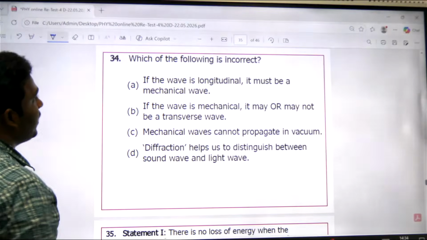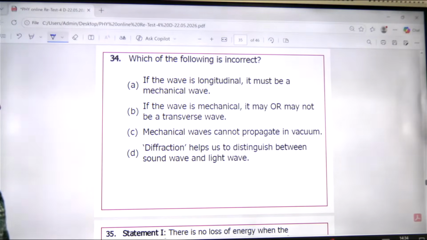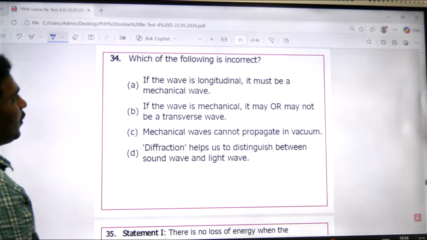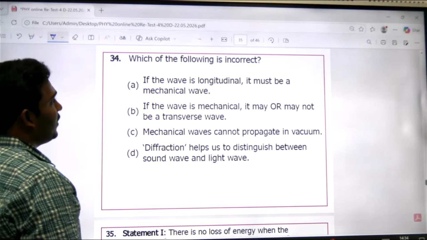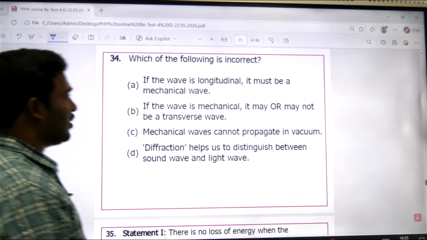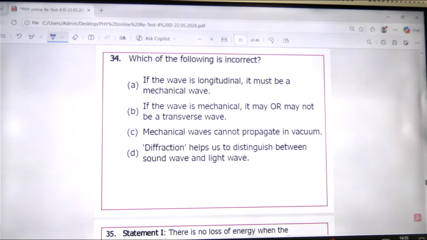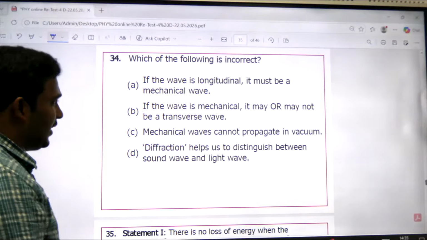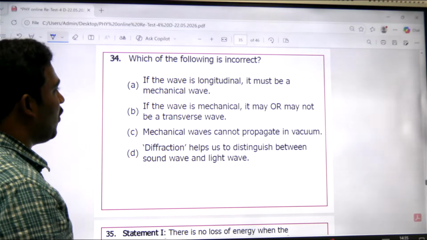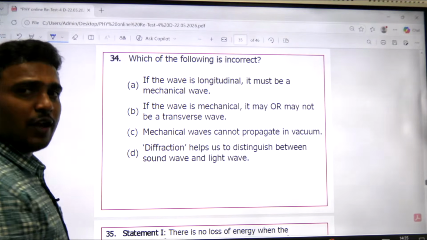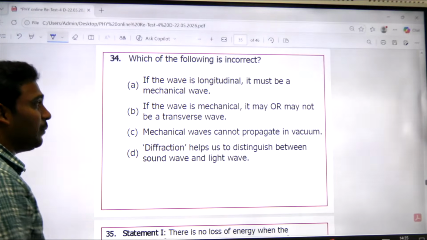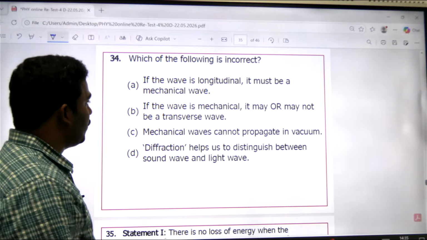Which of the following is incorrect? Which of the following is incorrect? So we shall see. If the wave is longitudinal, it must be a mechanical wave. Yes, it is. If the wave is mechanical, it may or may not be transverse. Correct. Mechanical waves can be transverse as well as longitudinal.